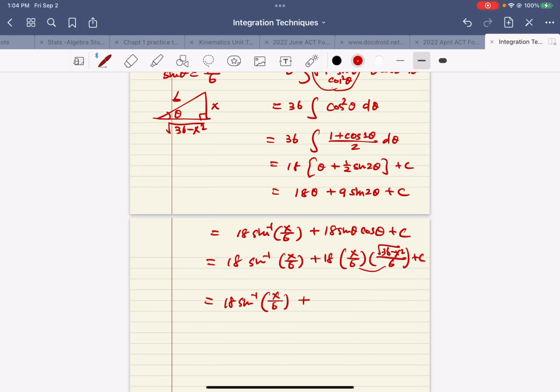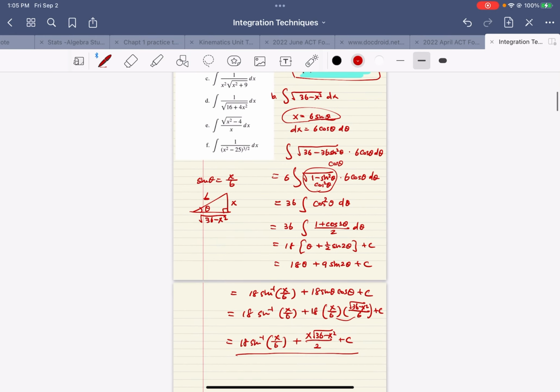So 2, and here x root 36 minus x squared plus c. So that will be your final answer for the B value. It looks kind of complicated, but that's how you're gonna get the answer.